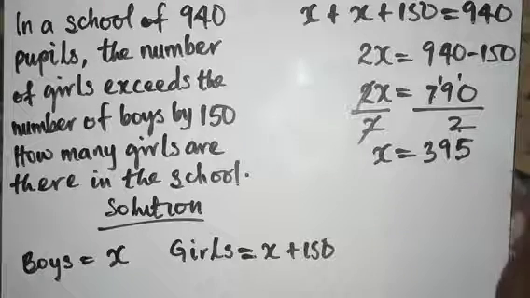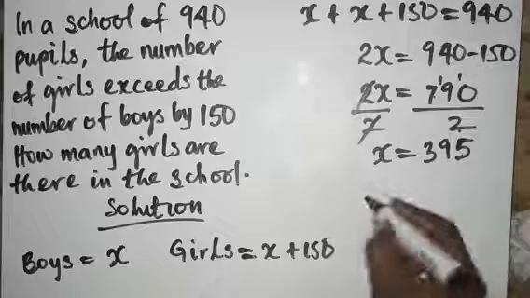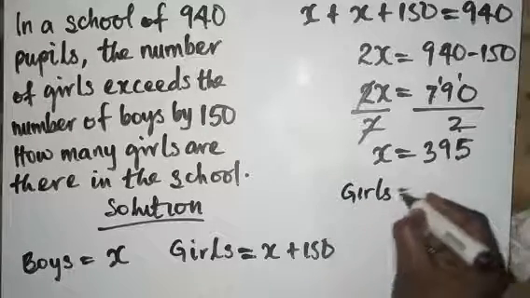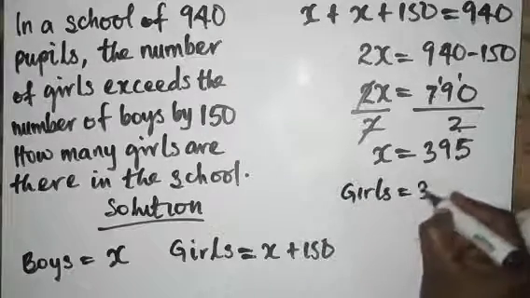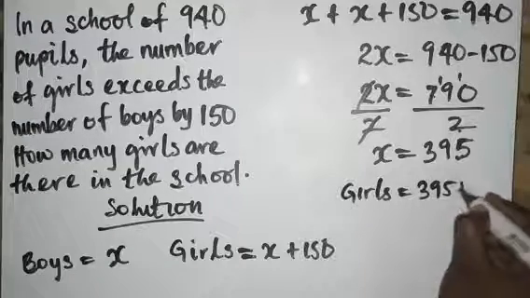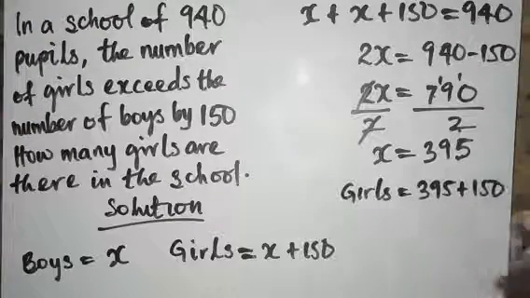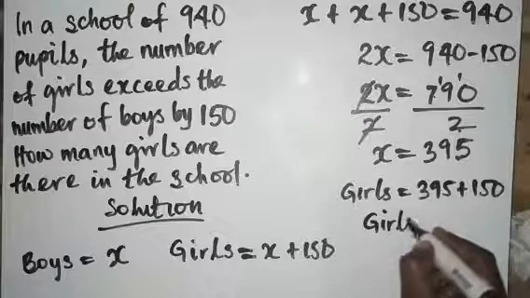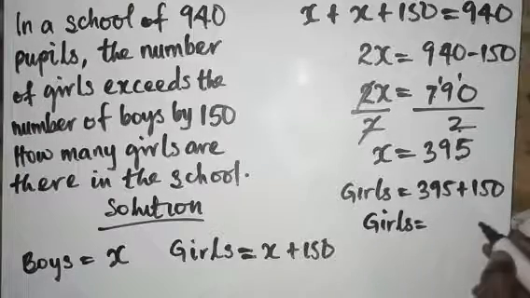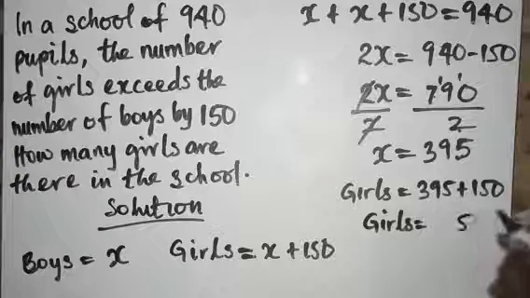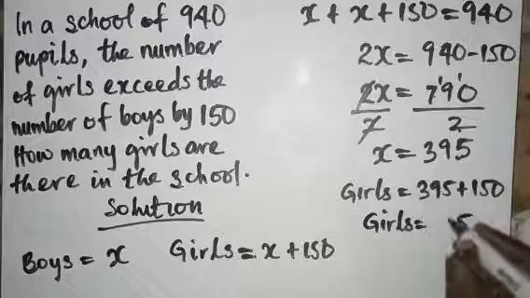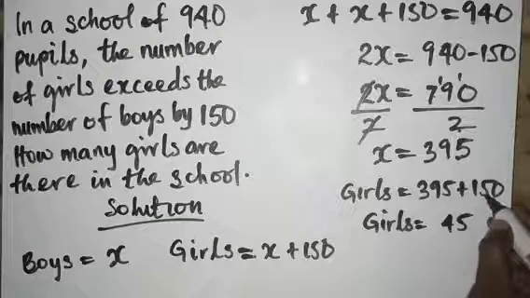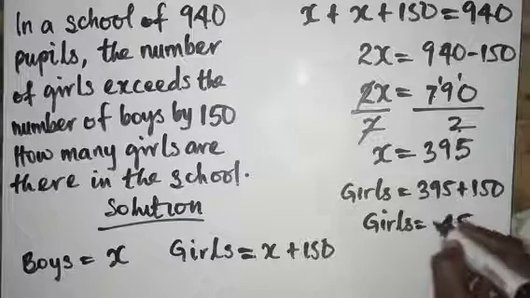Then 395 equals boys. But girls equal 395 plus 150. So the girls' population in the school is going to be 5, then 4 with a remainder of 1, 5.